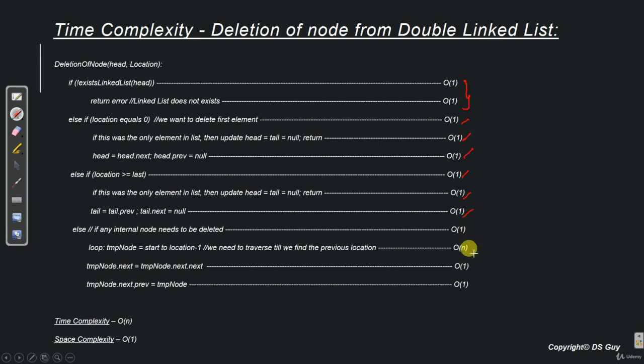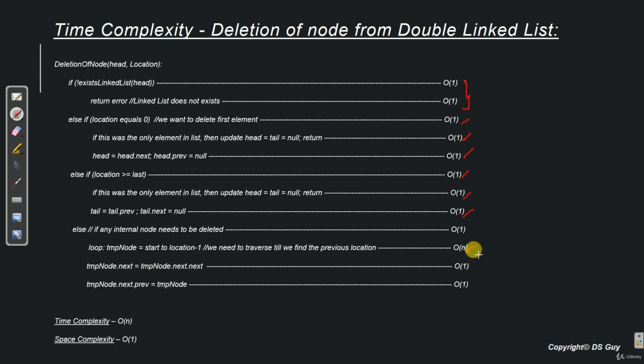In case we want to delete any of the nodes apart from first and last, then we have to run a loop. The loop will start from the first node and go till location -1. Now in the worst case, we might have to travel the entire linked list. Hence the time complexity becomes order of n.